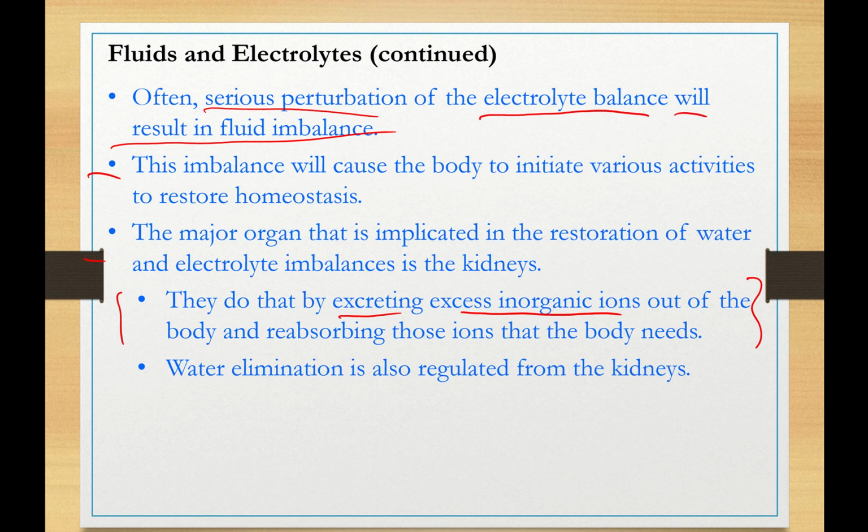And they also help regulate water, of course, via hormones and other chemicals, by eliminating water in the urine or reabsorbing water, depending on the needs of our body, okay?